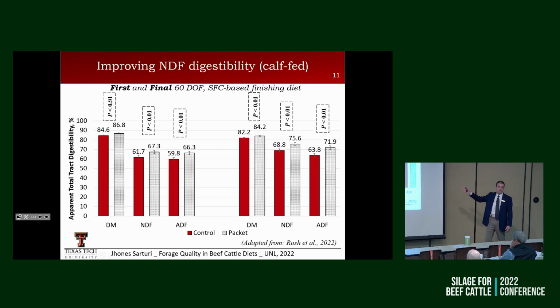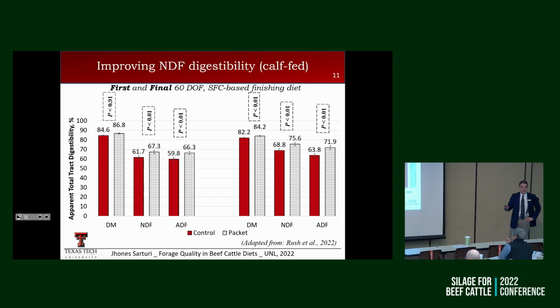So this is a calf-fed system. In the same study, we did these two digestibility assessments, and growth performance was assessed as well. Yes, so this was basically the fourth time that we're repeating the same strategy in different situations, and we were getting positive results in all of those.